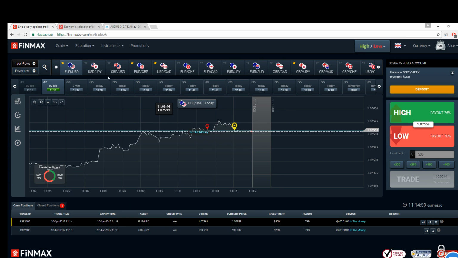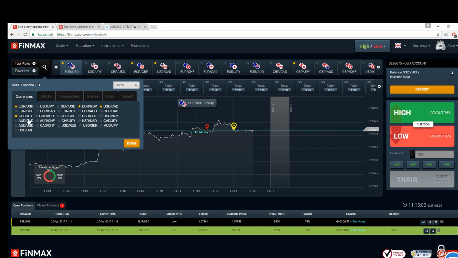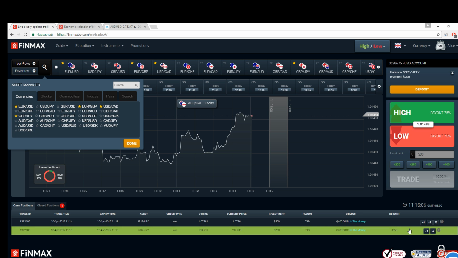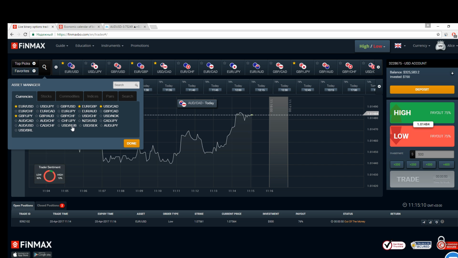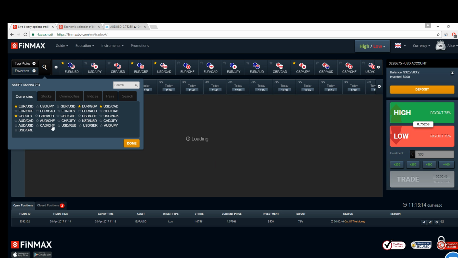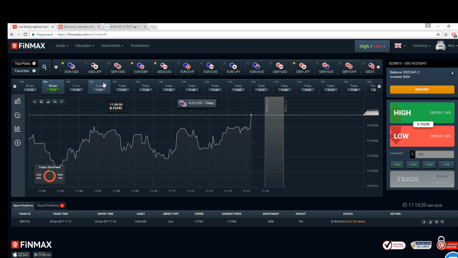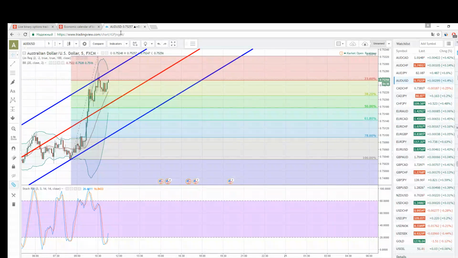Australian dollar to American dollar, I see an opportunity to enter. Okay, this trade expired in the money, perfect. Australian dollar to American dollar, I see an opportunity to enter for 1 minute, for 5 minutes, I'm sorry, for low. Let's check one more time.